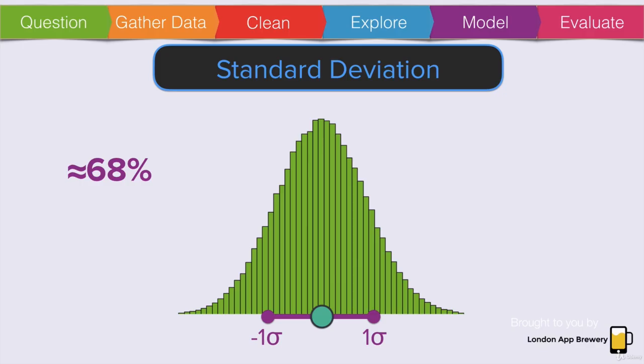Okay, what about the pink points? Well, the right pink point is at 2 standard deviations, and the left pink point is at minus 2 standard deviations. And as we've said before, approximately 95% of observations lie between plus 2 and minus 2 standard deviations for a normal distribution.